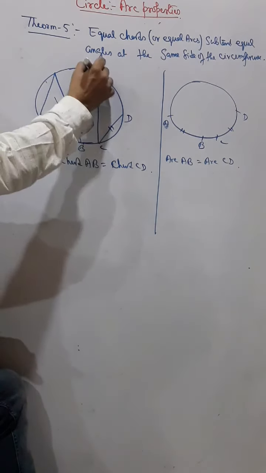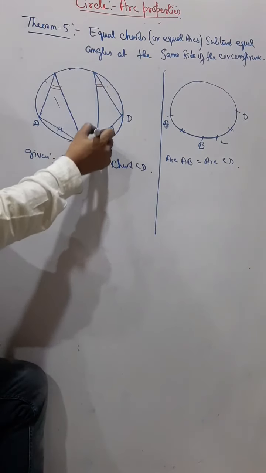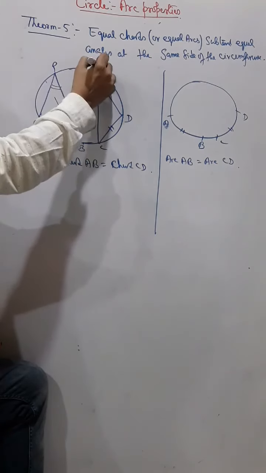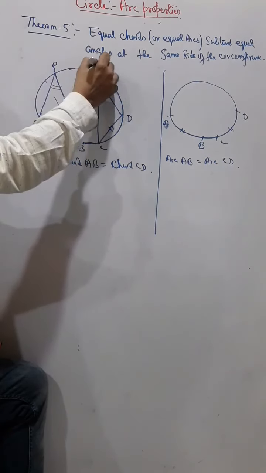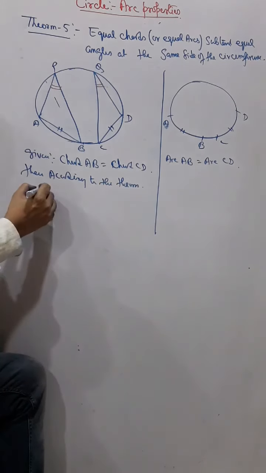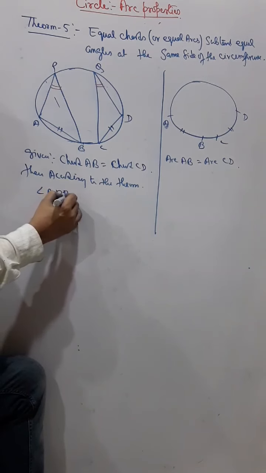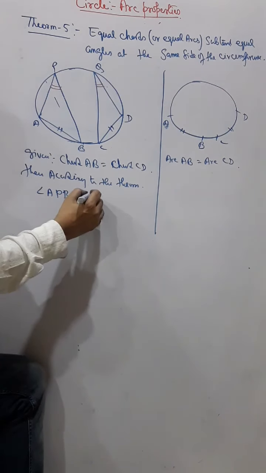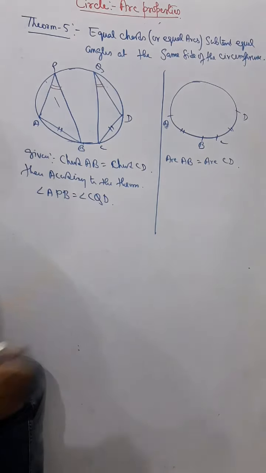So that means this angle will be equal to this angle. So chord AB is given equal to chord CD. Then according to the theorem, angle APB is equal to angle CQD.